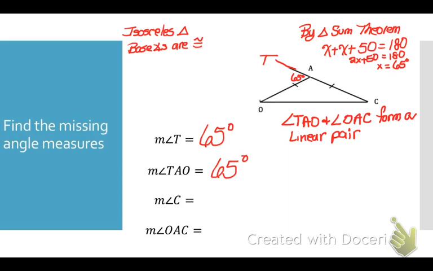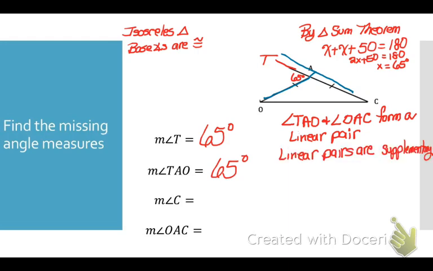And remember that a linear pair is where you have a line and an angle whose non-shared sides form a straight line. And we also know that a linear pair is always, always, always supplementary.